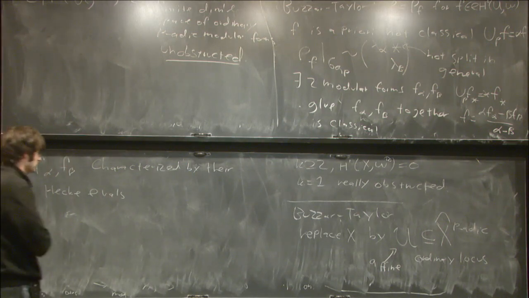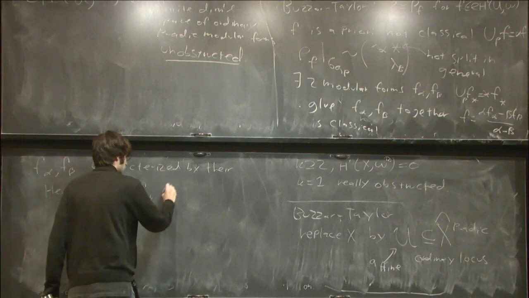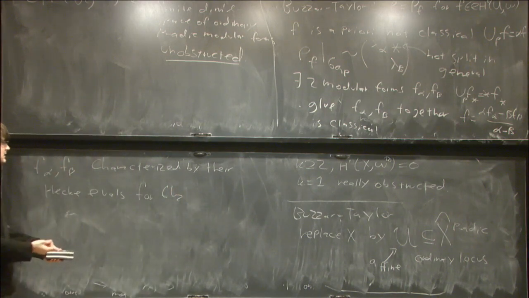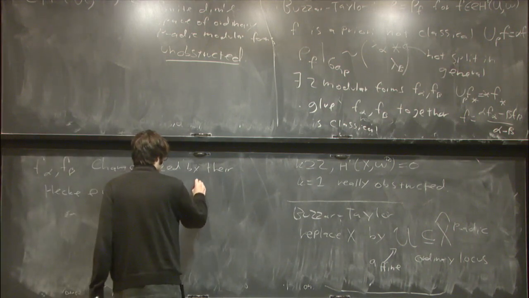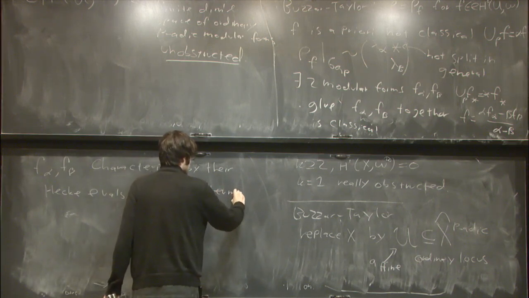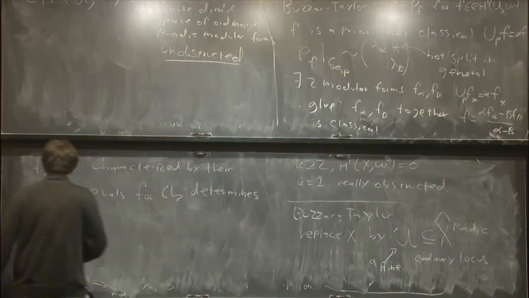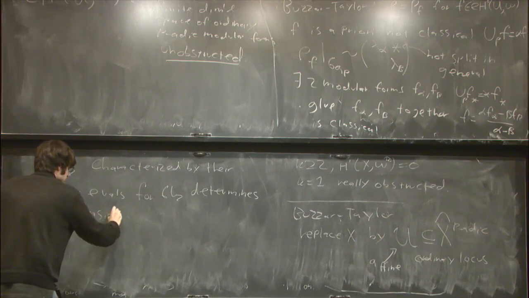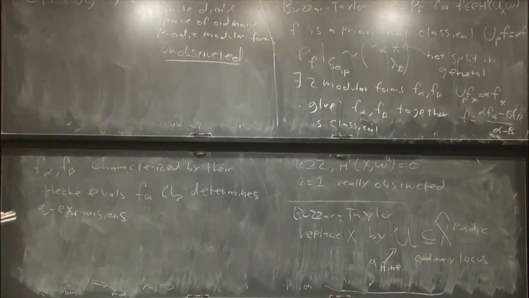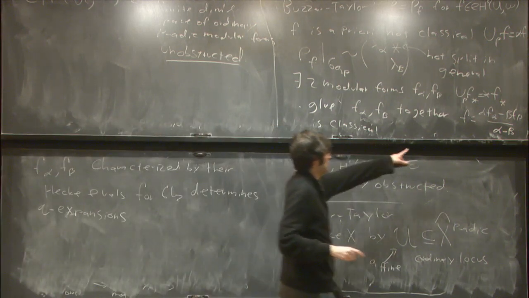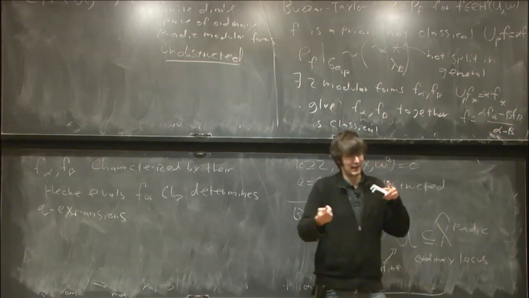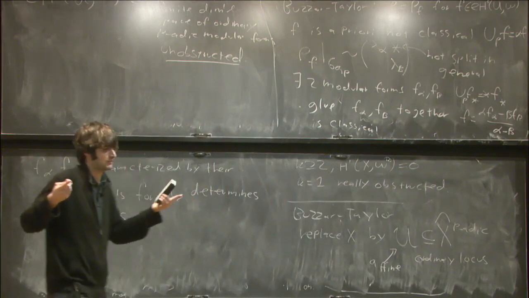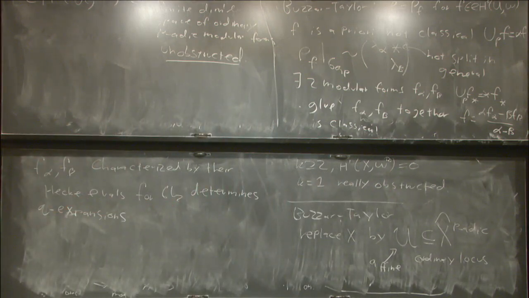And for GL2, this actually determines their q-expansions. In this Buzzard-Taylor gluing argument, you ultimately have to check that two p-adic modular forms are the same by checking that they have the same q-expansion.